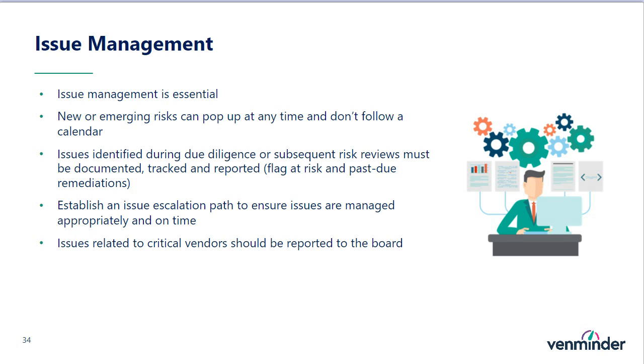And we especially need to flag any issues that are at risk or past due for closure. We also need to make sure there's an established issue escalation path to ensure that these issues get managed appropriately on time. And sometimes that just takes a little added pressure from the higher levels of the organization. Keep in mind that issues related to critical vendors should be reported to the board.